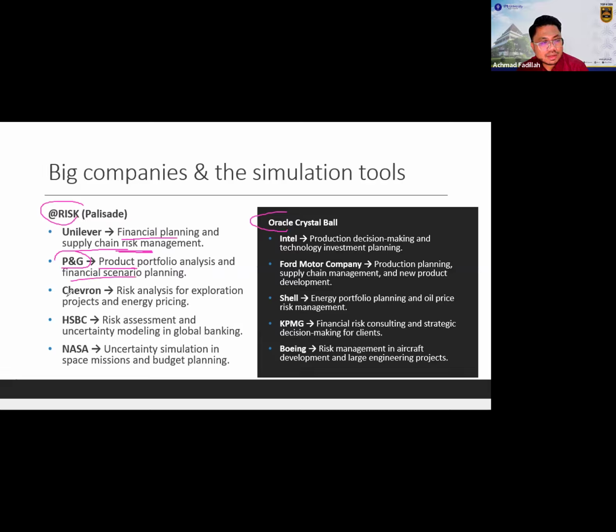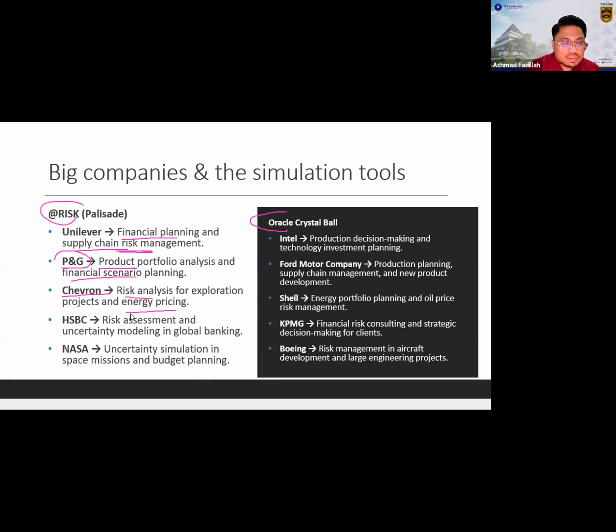And Saffron, this is very famous right now due to the fuel price after Hormuz. They use it for risk analysis and also energy pricing.